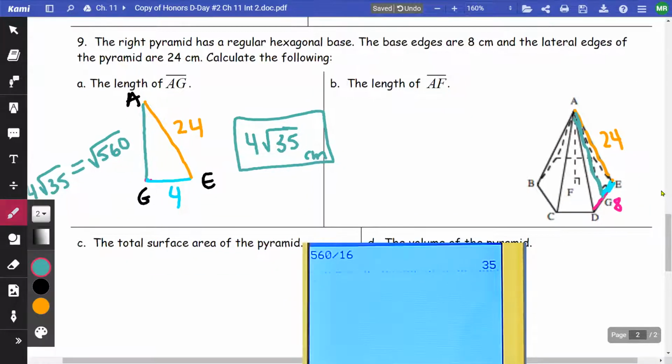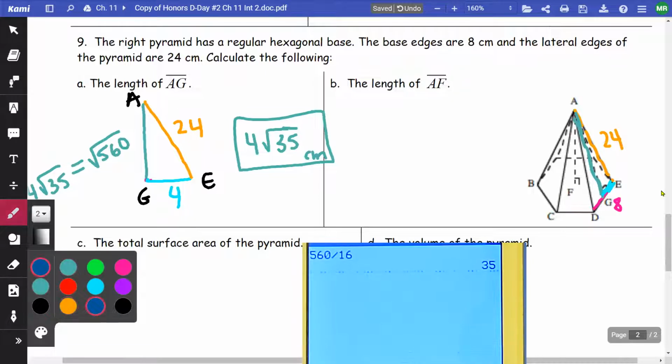Okay, AF is going to be right here. And I'm going to draw that from F to E. Now I'm drawing it in the same pink as I had the base, because this is an equilateral triangle because it's a hexagon.